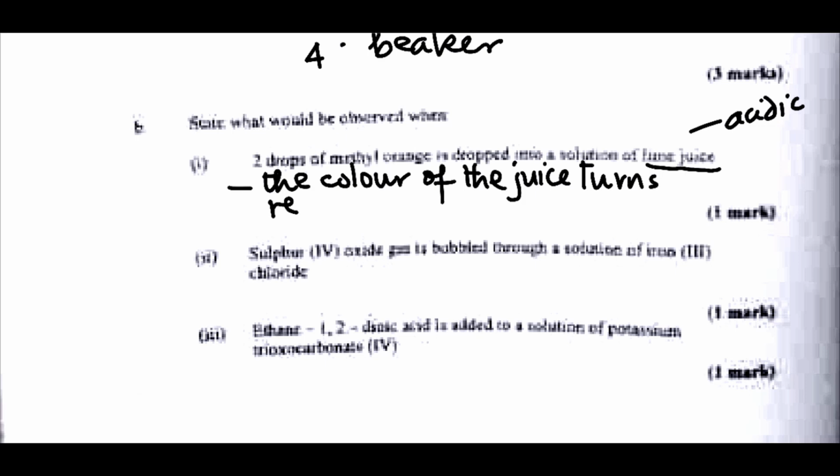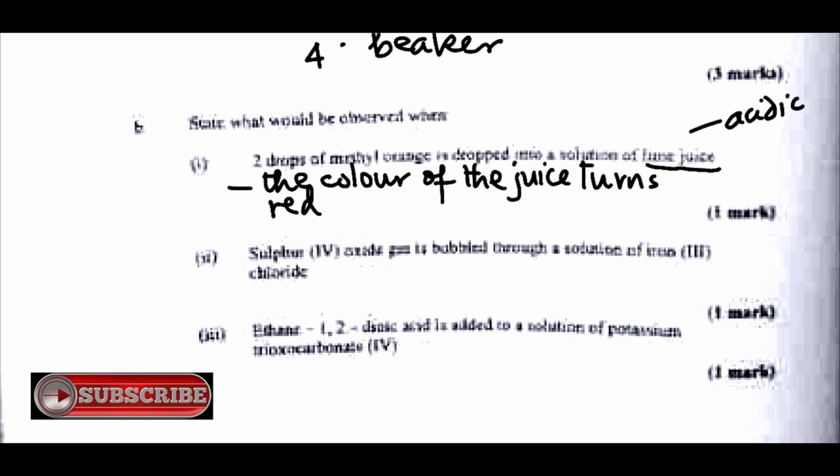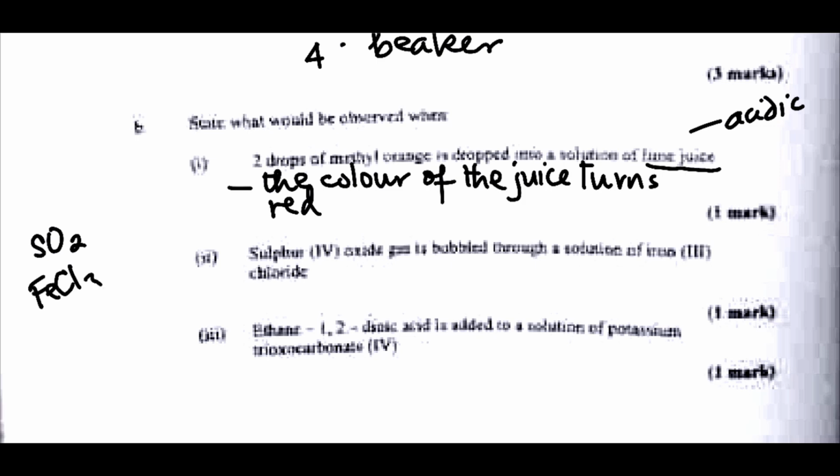Sulfur(IV) oxide gas is bubbled through a solution of iron(III) chloride. Sulfur(IV) oxide is a reducing agent in the presence of iron(III) chloride. Iron(III) chloride is an oxidizing agent. So iron(III) chloride will be reduced to iron(II), while sulfur(IV) oxide will be oxidized to SO4 2-. So what will we see here? What will be the change of observation that will be made here?